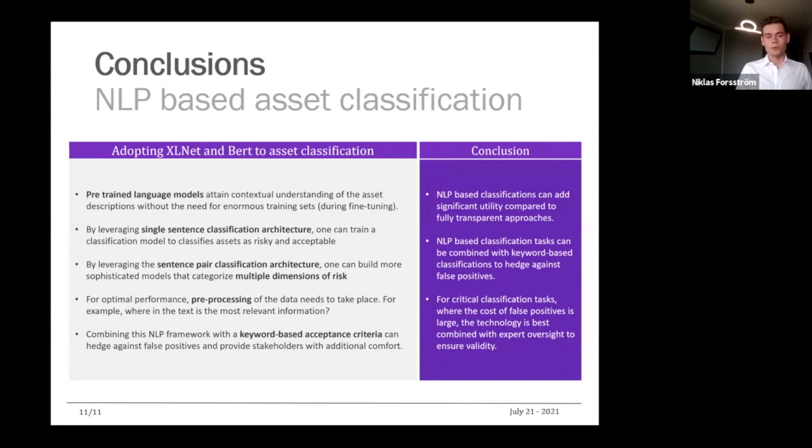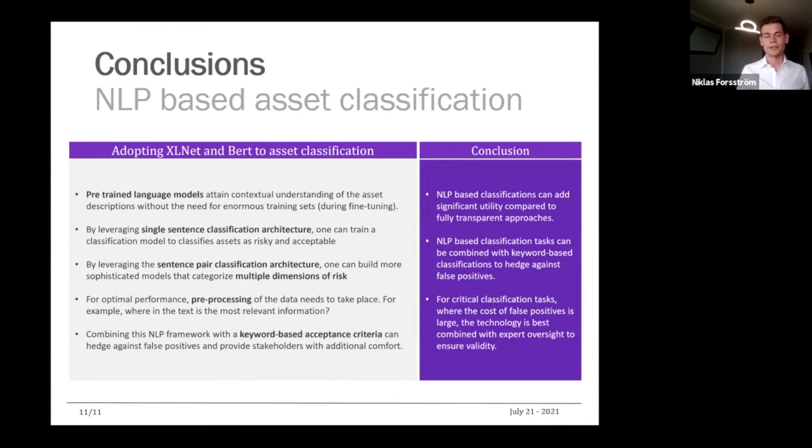I also want to point out that for optimal performance, it's very important that when these models are trained, you provide them with accurate training data, of course. And so there are normally different filtering procedures that need to be done on the fund descriptions or asset descriptions in general. They can contain a lot of information, and really, we're only interested in the parts that tell us about the exposures of these funds. So that's definitely something that needs to be considered.